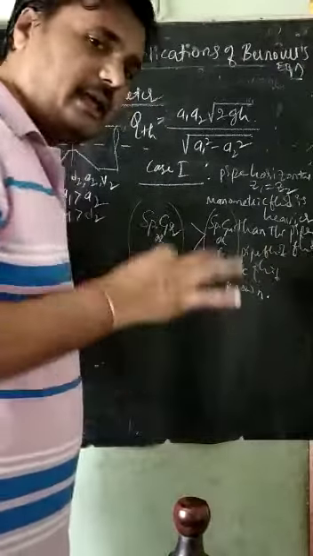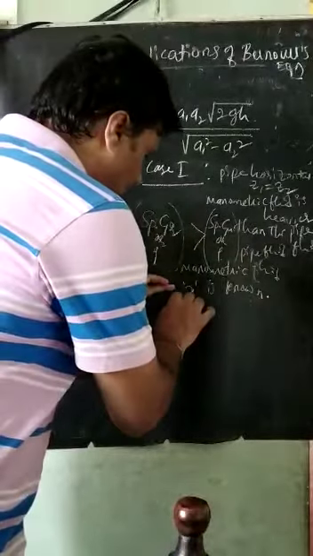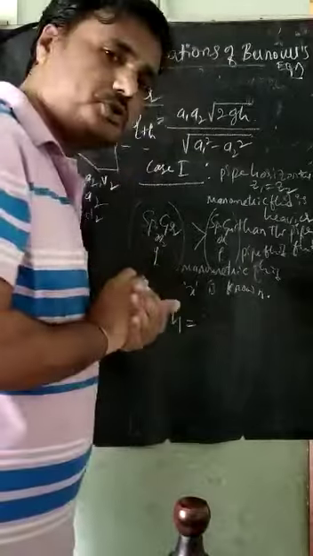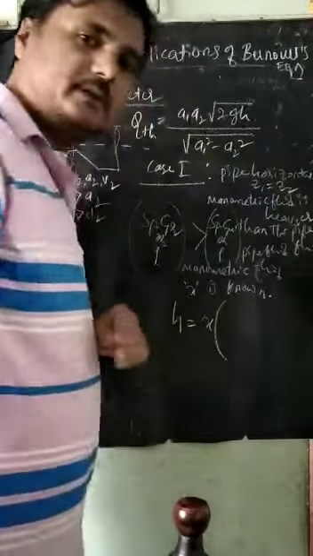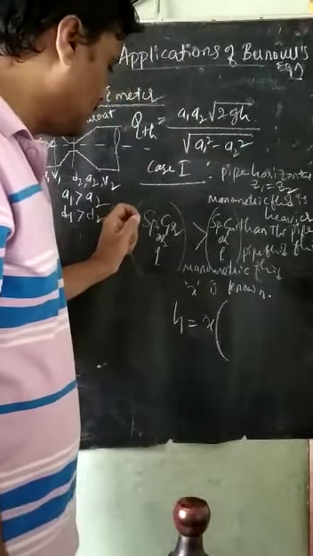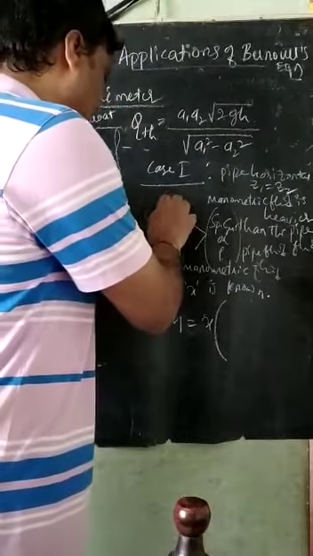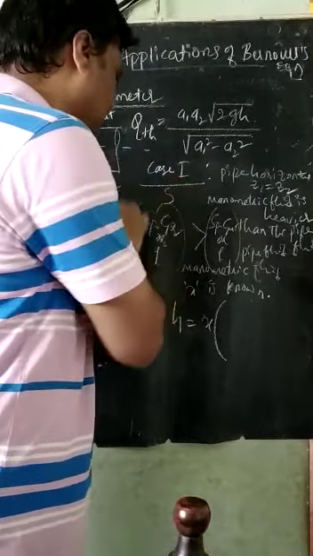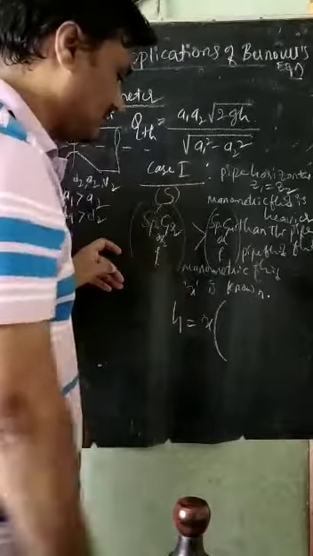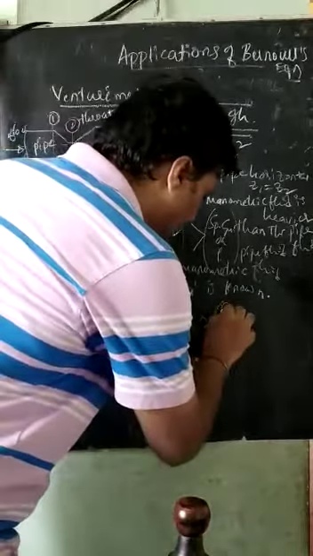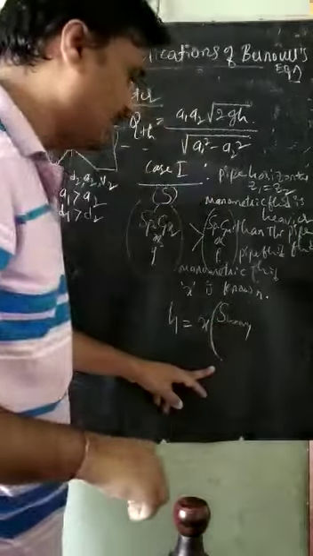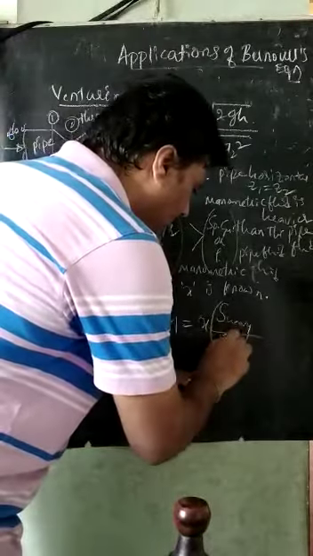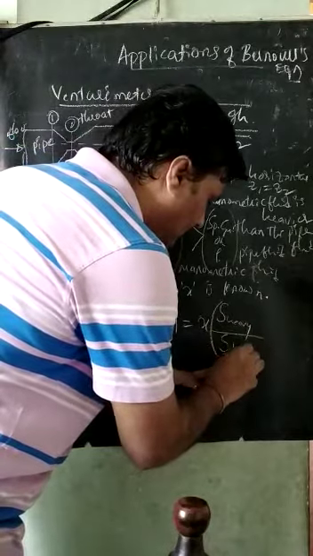The formula for the differential pressure head H is equal to X times the bracket. First we have to take specific gravity. If I am indicating specific gravity as S, then the specific gravity of the heavier fluid divided by the specific gravity of the light fluid.